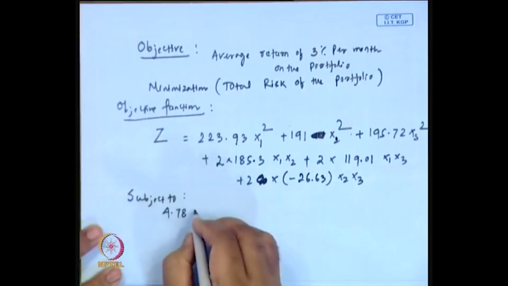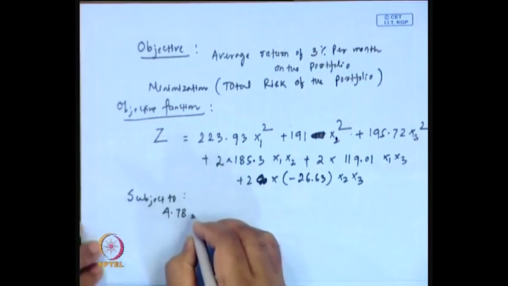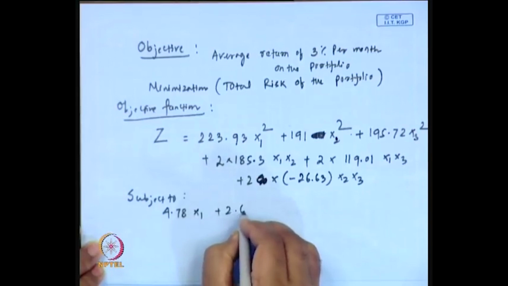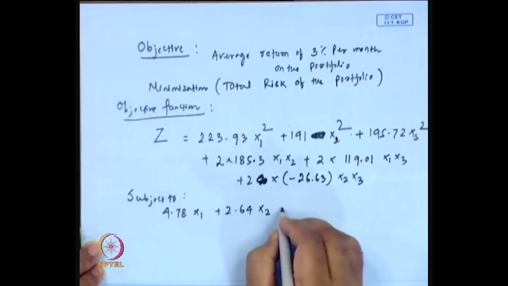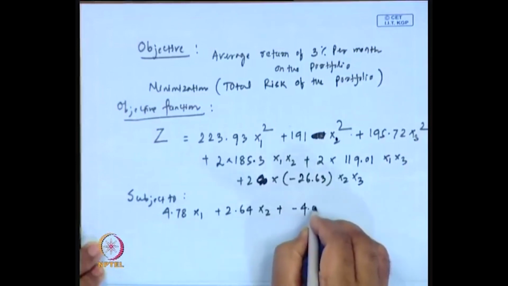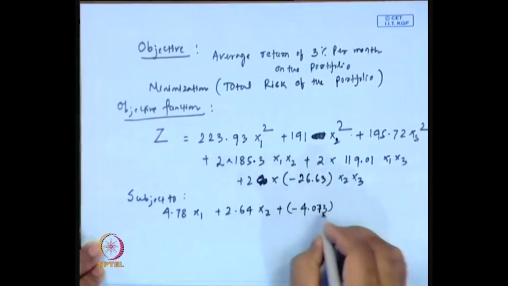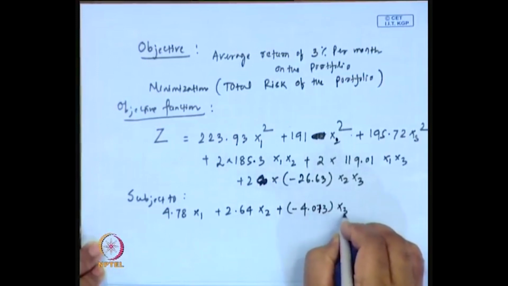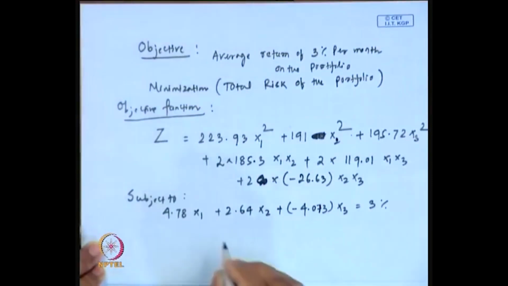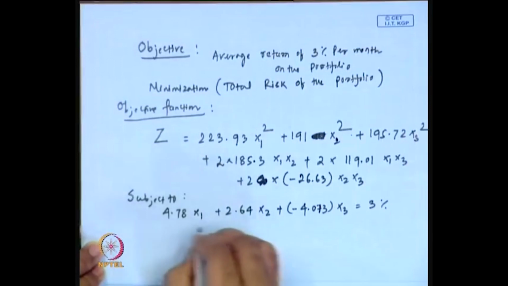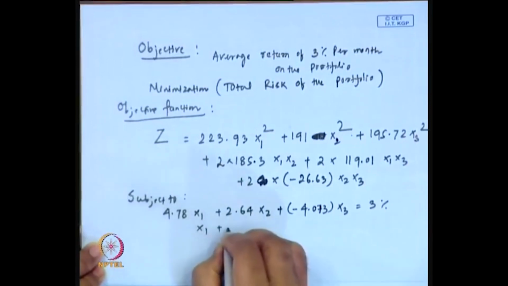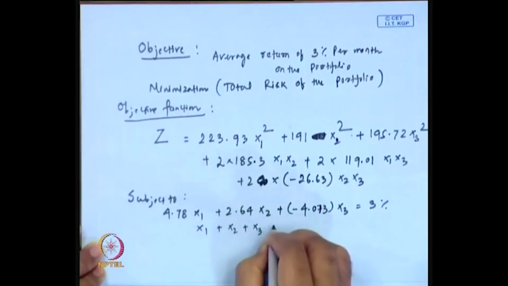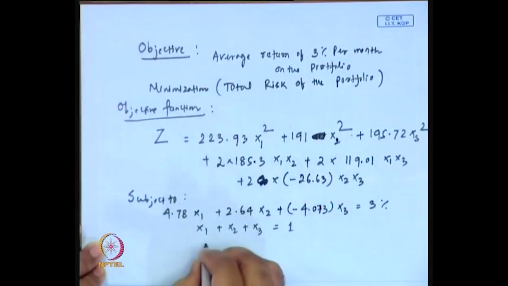4.78, already given the expected return from this one asset, 4.78 x1 plus 2.64 x2 plus minus 4.073, which is the expected return from the stock C, x3 is equal to 3%. This is one constraint. Another is, already I have told you, x1 plus x2 plus x3 is equal to 1, then xi is greater than or equal to 0.